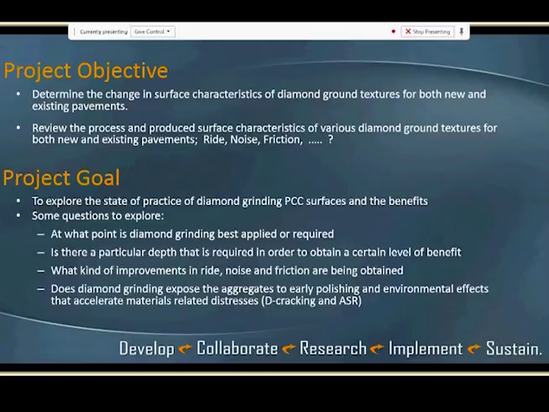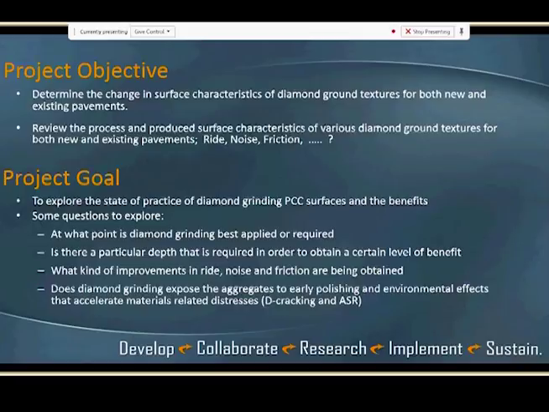And then based on your aggregates in your local area, you're getting polished aggregates. Again, that's affecting your frictional characteristics and some environmental effects. Here, all of a sudden, you're opening up that surface and you're throwing in tons and tons of salt. All that kind of information we're trying to pull together and summarize.